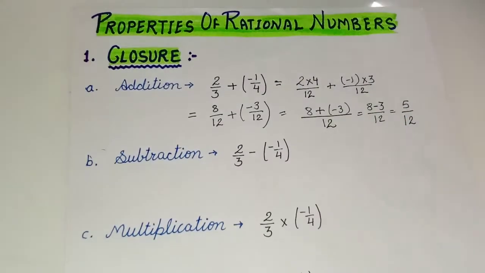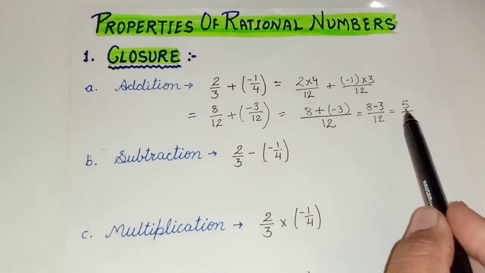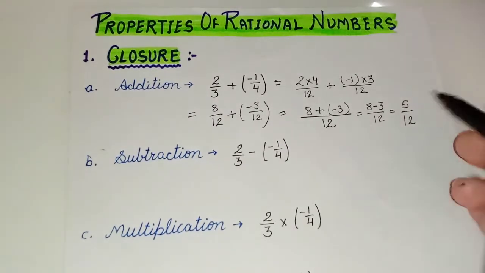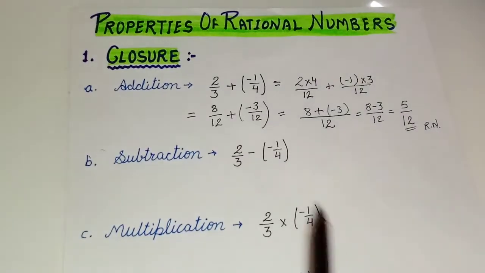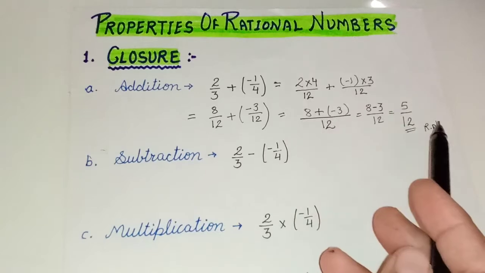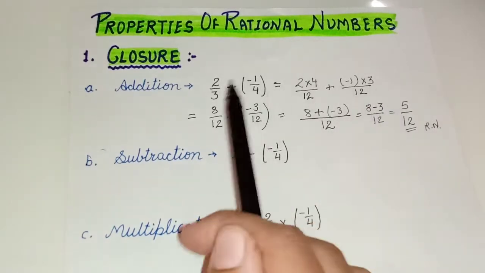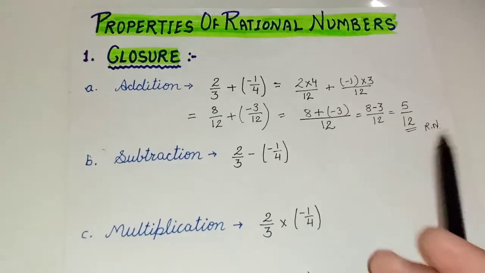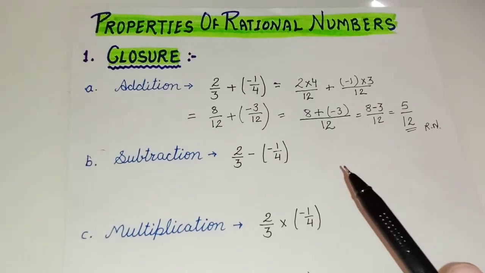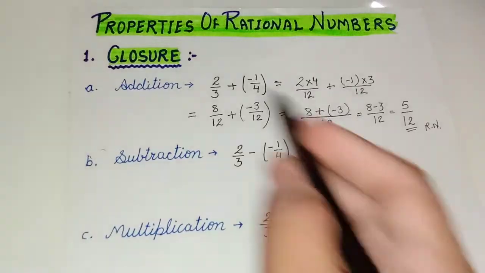So here the number is written in the form of P upon Q, right? So it's a rational number. So we have added two rational numbers and we got another rational number. That means the sum of two rational numbers is also a rational number. So rational numbers are closed under addition.